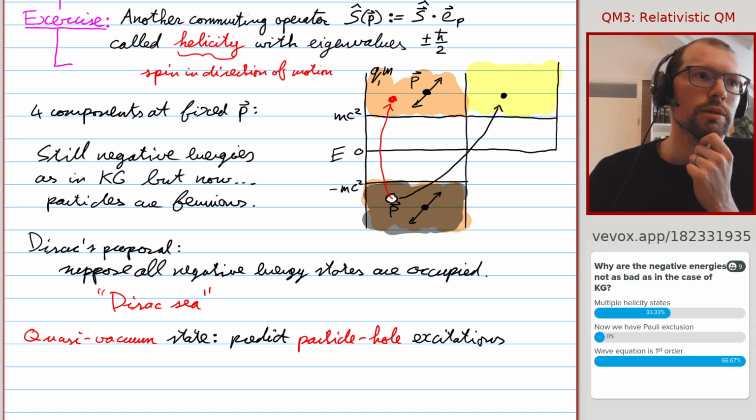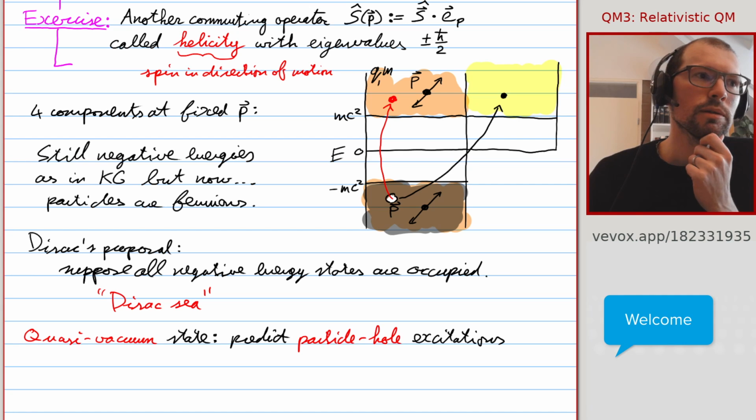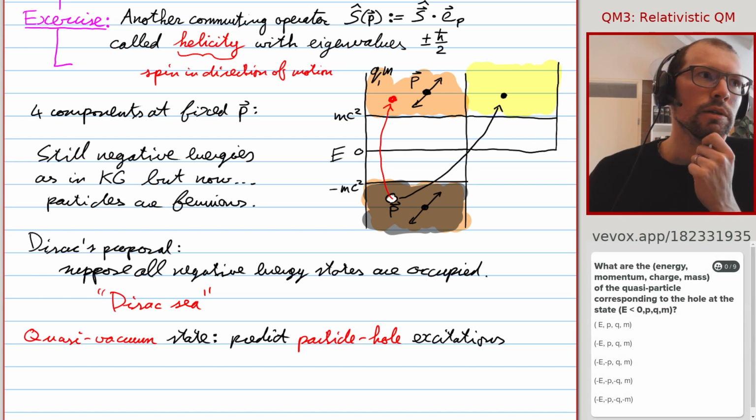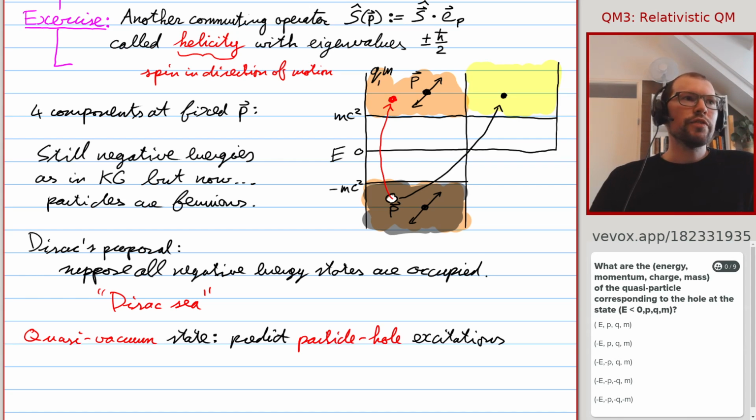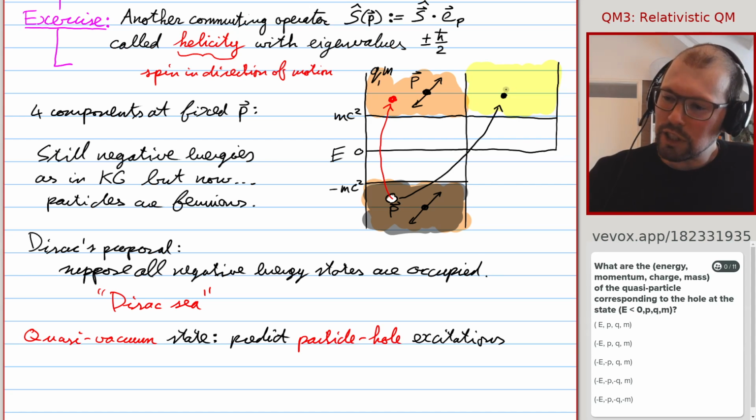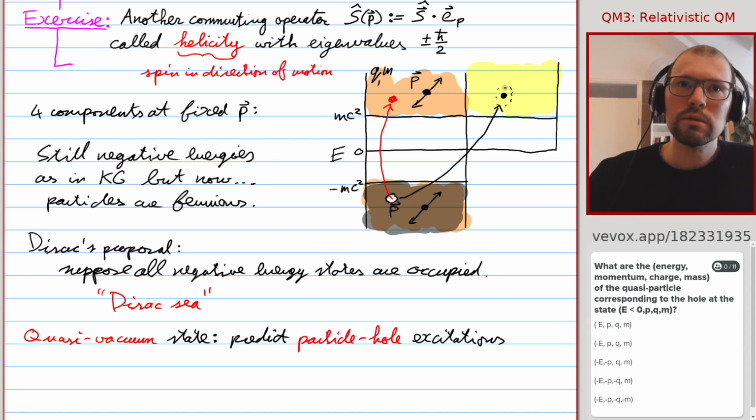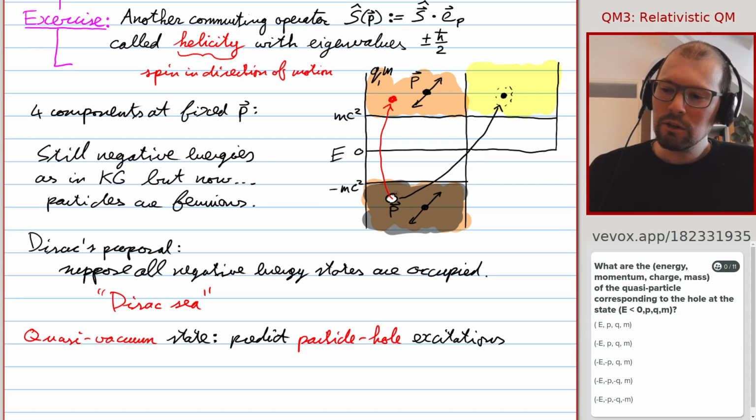Let's do a quick poll here. What are the energy, momentum, charge, and mass that we would associate to this quasi-particle, if it actually corresponds to a hole within these negative energy states, corresponding to a particle with charge q, mass m, negative energy E, and some momentum p?